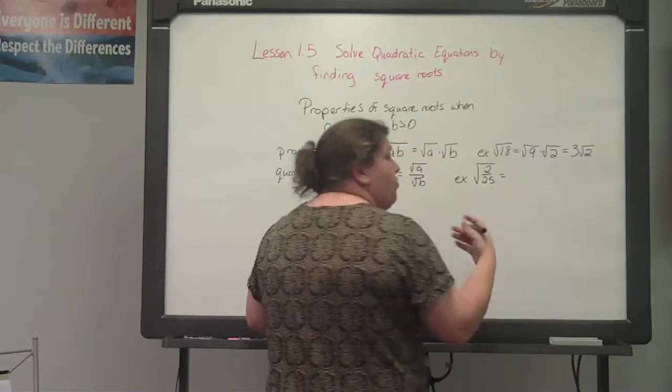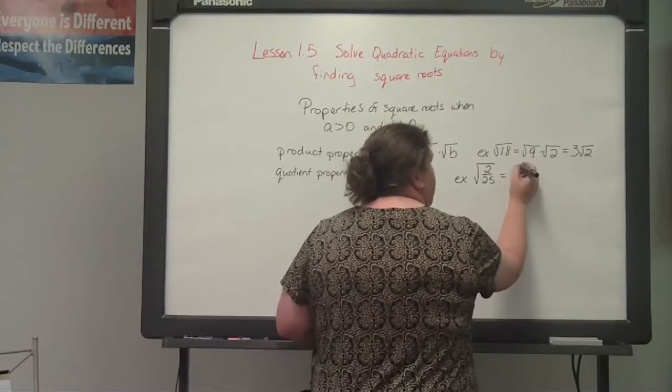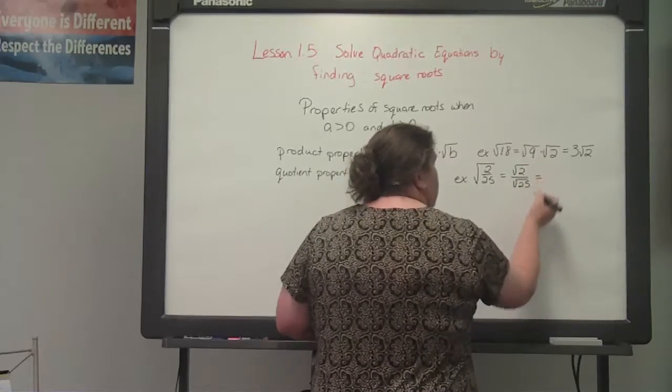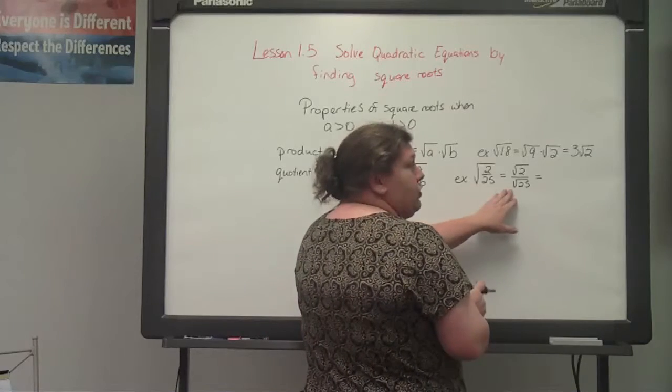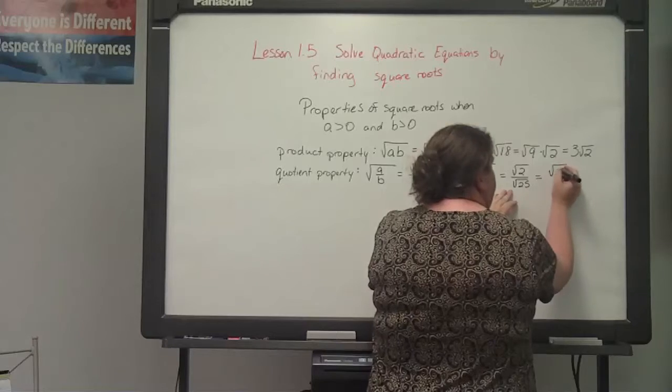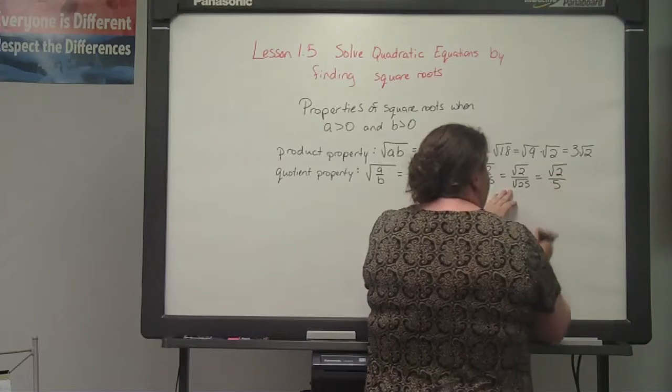We can go ahead and rewrite that as the square root of 2 over the square root of 25. And we know that the square root of 25 is 5, and so we can say the answer is the square root of 2 over 5.